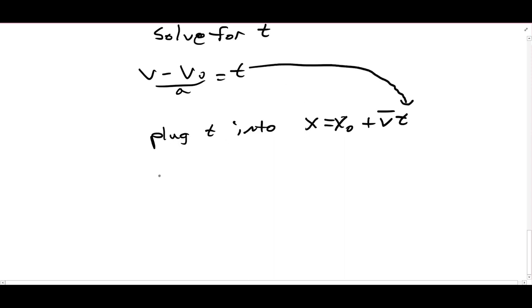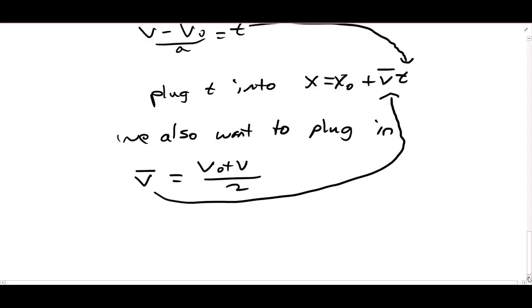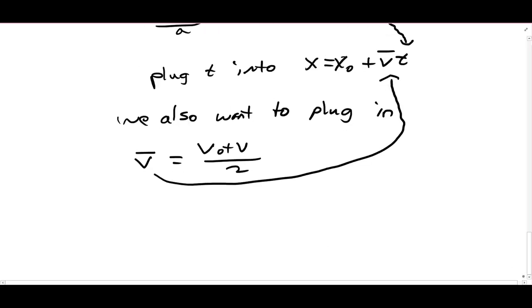But more than that, we also want to plug in v bar equals (v naught plus v) over 2. Right there. So let's go ahead and do that.